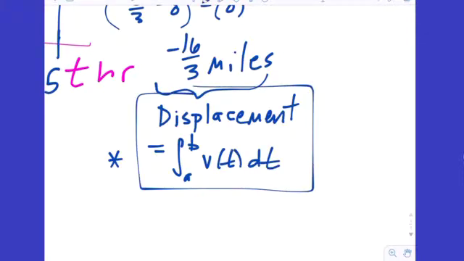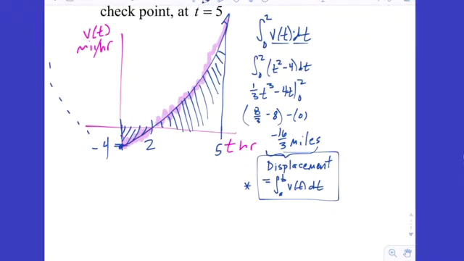That's important. So just like the integral doesn't always give us the area, the integral doesn't always give us distance traveled. But what it does give us is the displacement. When you integrate velocity, you'll always get the net change in position. So you could interpret this now. On the interval from 0 to 2 hours, the car traveled 16/3 miles to the left. Okay? Or in terms of displacement, it ended up 16/3 miles to the left of where it started.